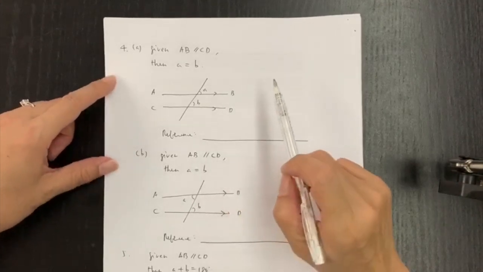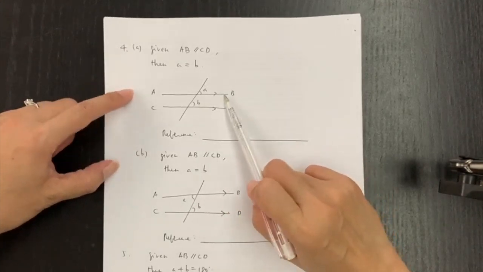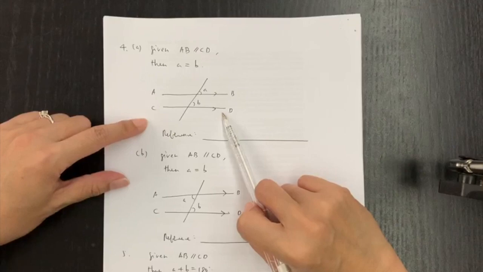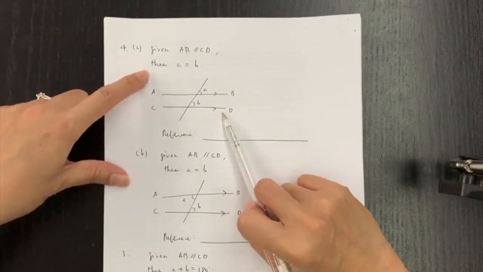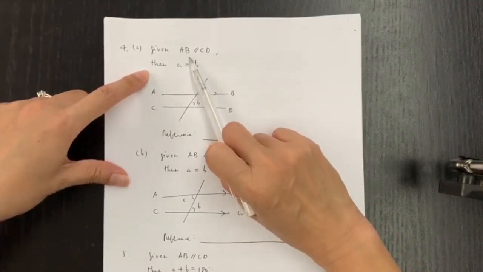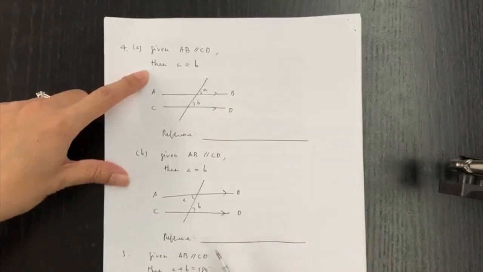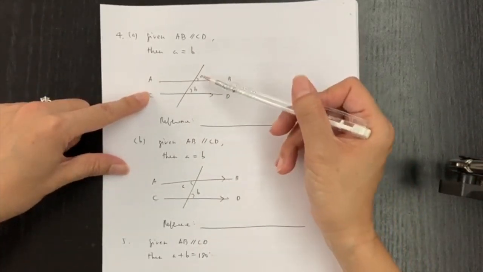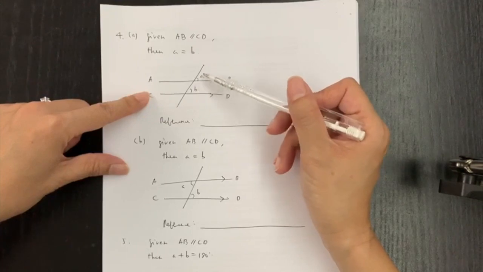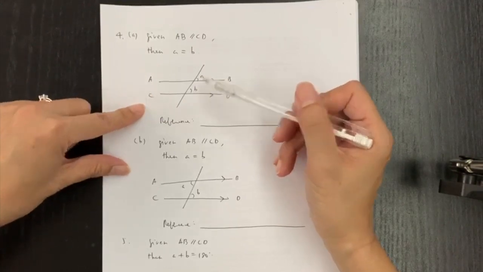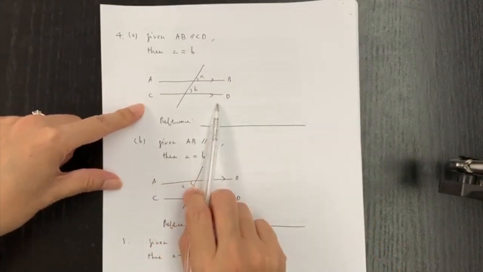Next, some more revision on parallel lines. In this diagram, we are given AB is parallel to CD, and angle A and angle B are here, and they are the same because we have these 2 parallel lines.